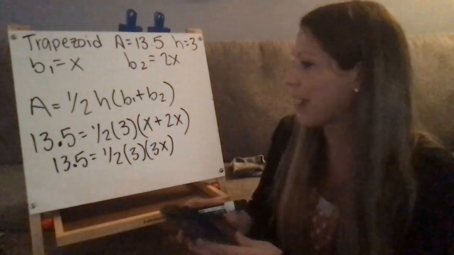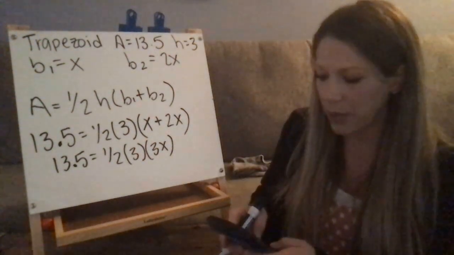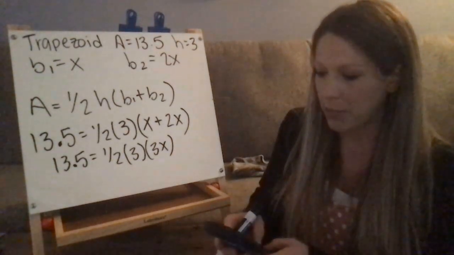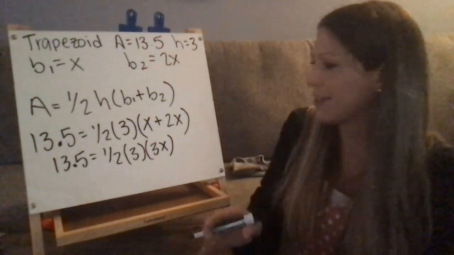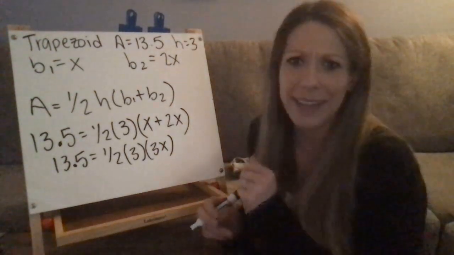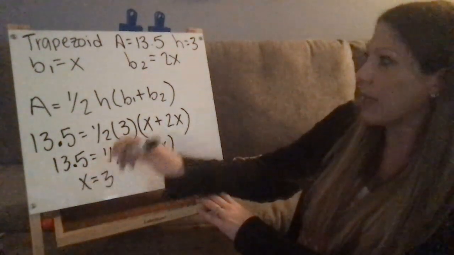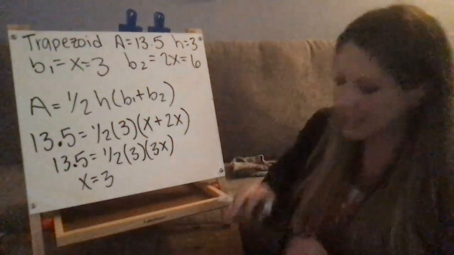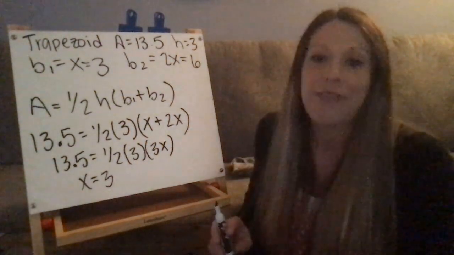Okay, so we have 1/2 of 9x is 4.5x. 13.5 divided by 4.5 is 3. I guess I didn't need my calculator for that. So x is 3. That means one of your bases is 3, which makes the other base 6. And our units here are feet.